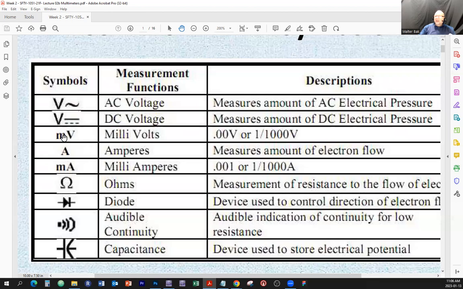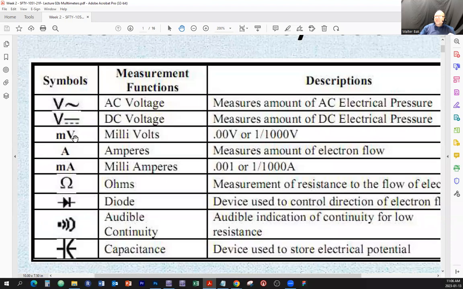Then over here, instead of volts, a smaller version of the voltage would be millivolts. Some meters have that, some meters don't, depending on who made the meter, the model number, and whatnot. Millivolts are basically, the M stands for milli, which means times 10 to the negative 3.